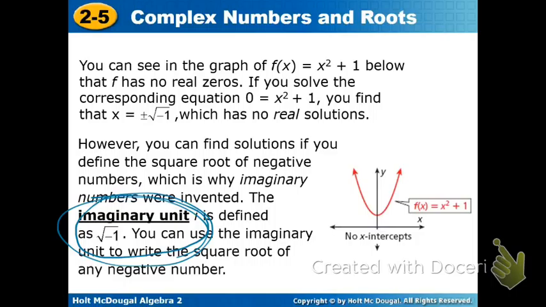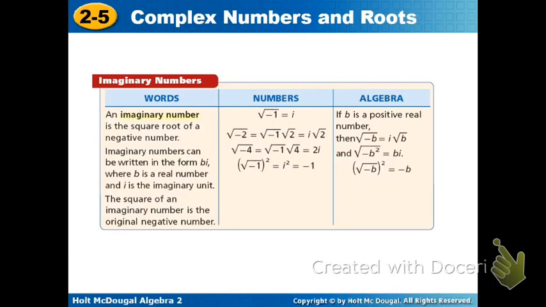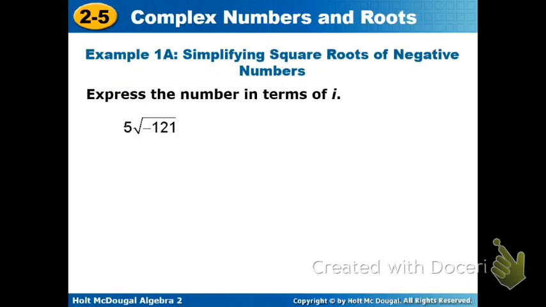The imaginary unit, which we let i, lowercase i, represent, is the square root of -1. This little box here just goes into more detail, explaining the algebra version of it and the numeric version of it. Basically, what you need to know is that i is the square root of -1. Get that in your heads.